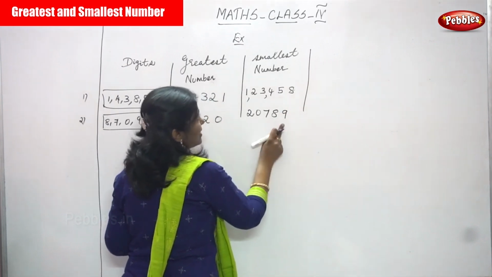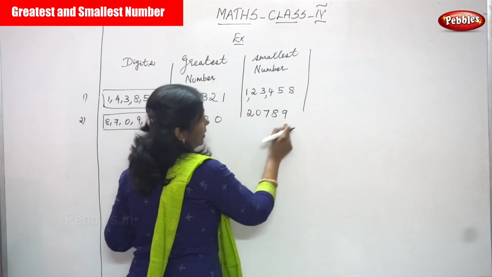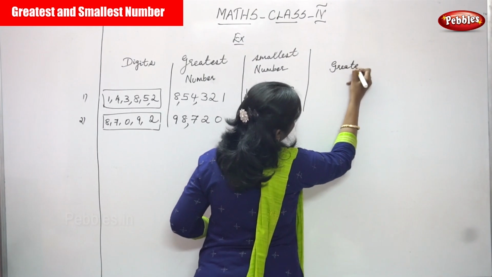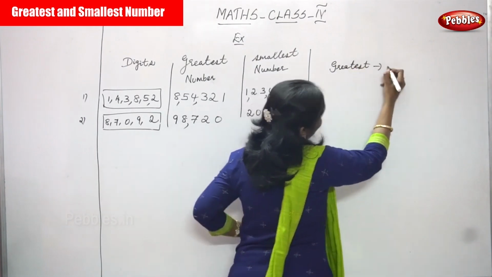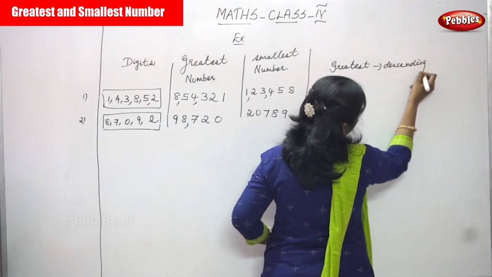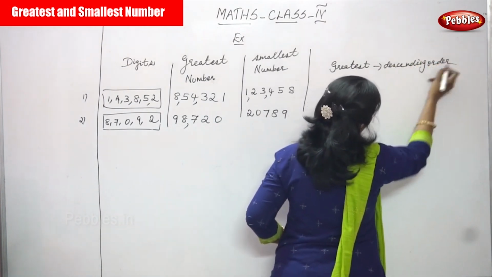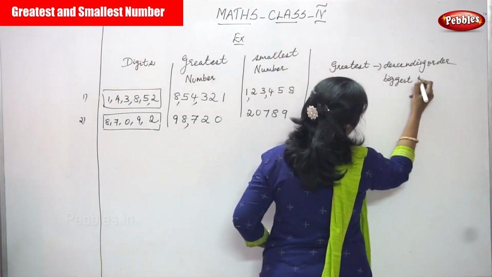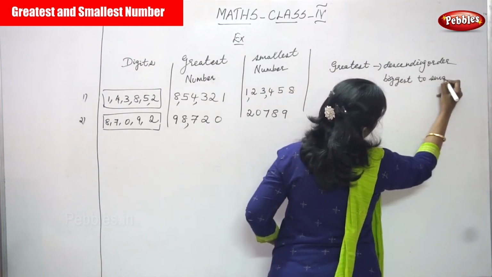Smallest to biggest is called what? Ascending order. I have already told you, for greatest we use descending order. Descending order means biggest to smallest.